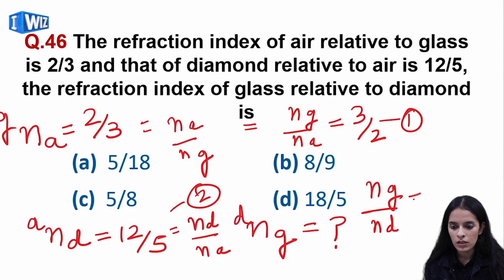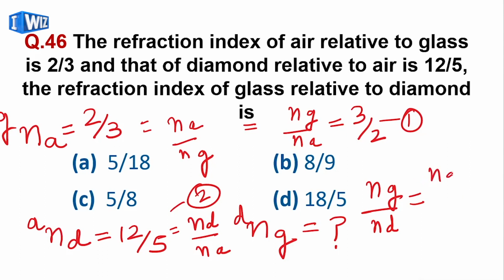We want this. So after dividing 1 with 2, we can reach our value. What is Ng over Na divided by Nd over Na? When I divide first with 2, Na will cancel each other, and I can get Ng by Nd, the same value. That's why I'm dividing 1 with 2.